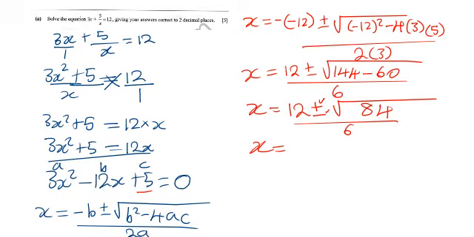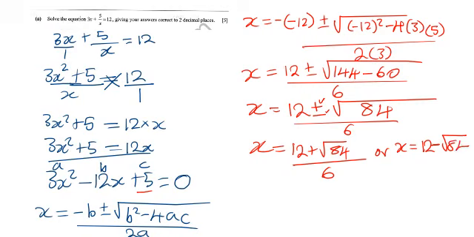You are going to have x equal to 12 plus the root of 84 over 6, or your x will be equal to 12 minus the root of 84 over 6, like that. And then we are going to begin with this one, and then we are going to finish with this one.